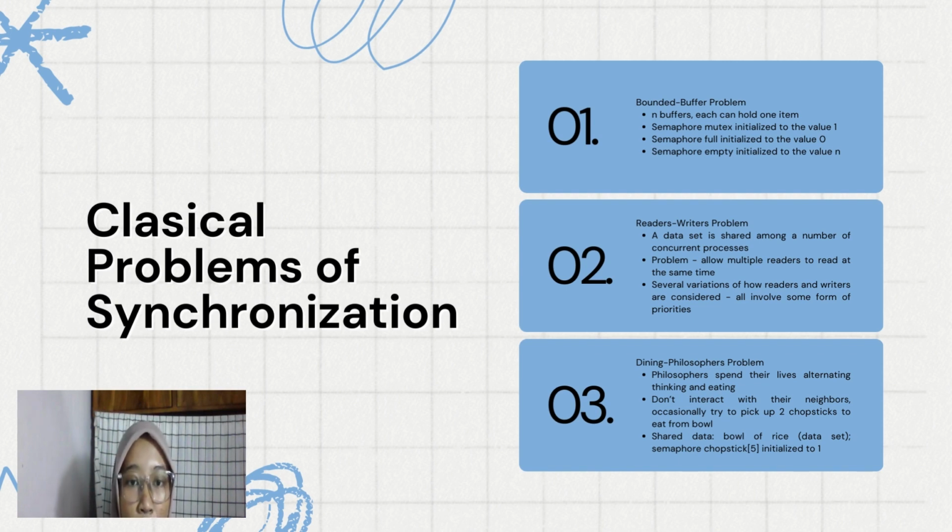The second is the readers-writers problem. A data set is shared among a number of concurrent processes. The problem: allow multiple readers to read at the same time. Several variations of how readers and writers are considered all involve some form of priority. And the third one is the dining philosophers problem.